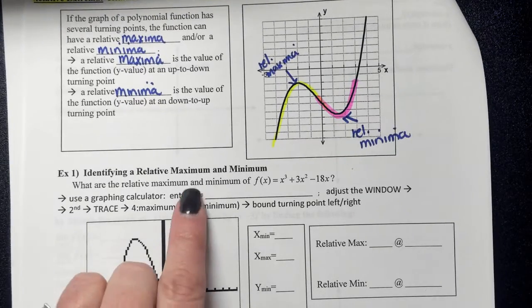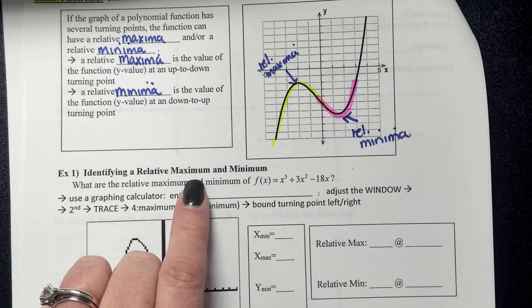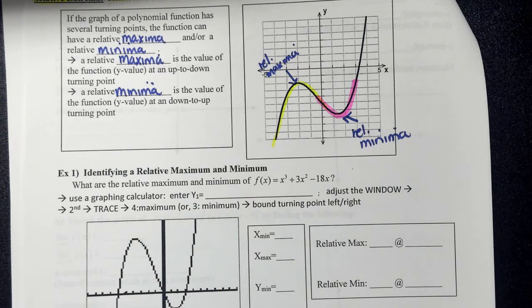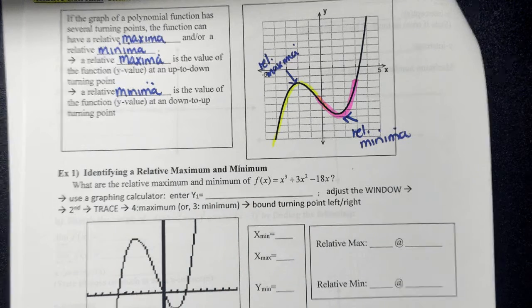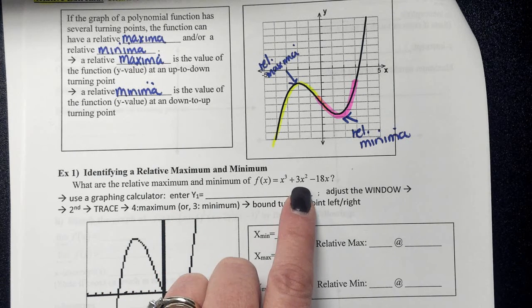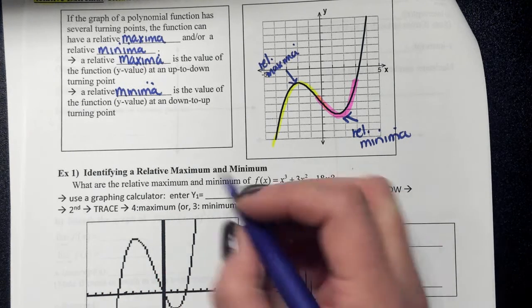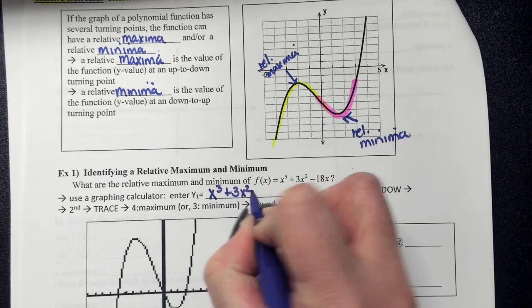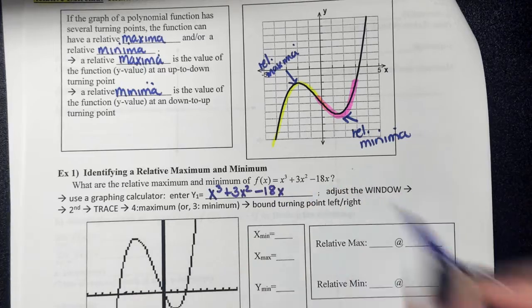If you're asked to find a relative maximum and relative minimum, you're going to have to use your calculators. On your calculators, the first thing you want to do is go to your y equals, and enter the equation that's given to you. I'm going to enter under y1, x to the third plus 3x squared minus 18x.